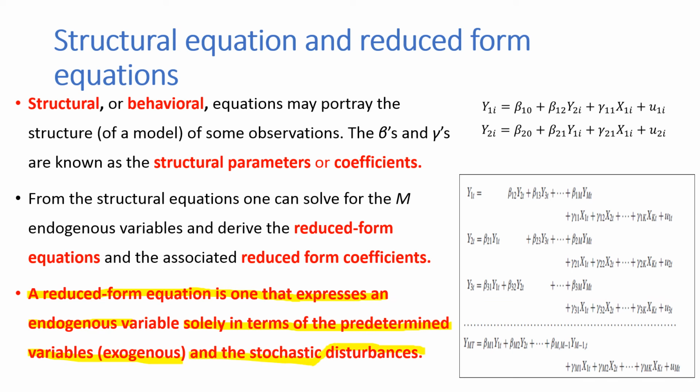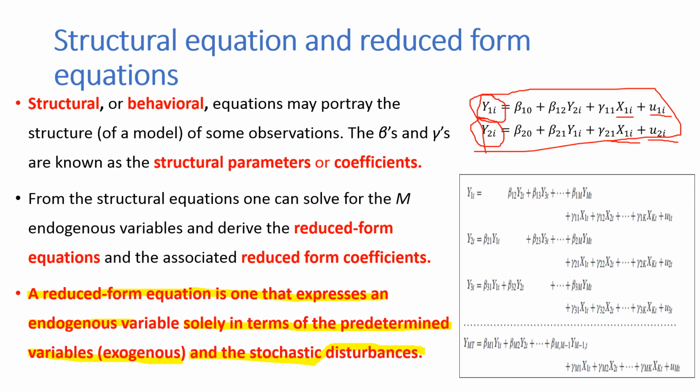So in this example, if we have this simultaneous equation model, as we said, this is a structural equation. If I can put y1 as a function in x1 and the disturbance only, and y2 as a function in x1 and the disturbance only, this is called a reduced form equation.